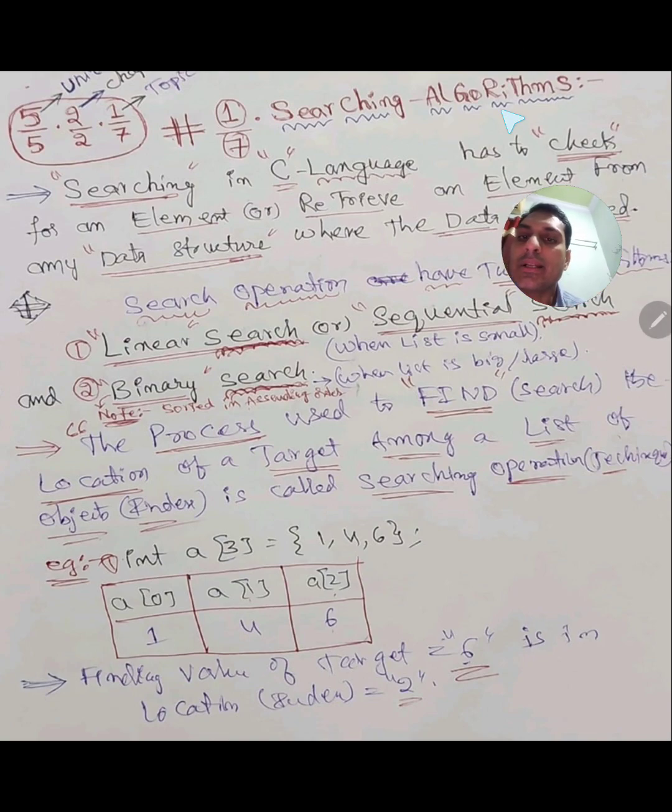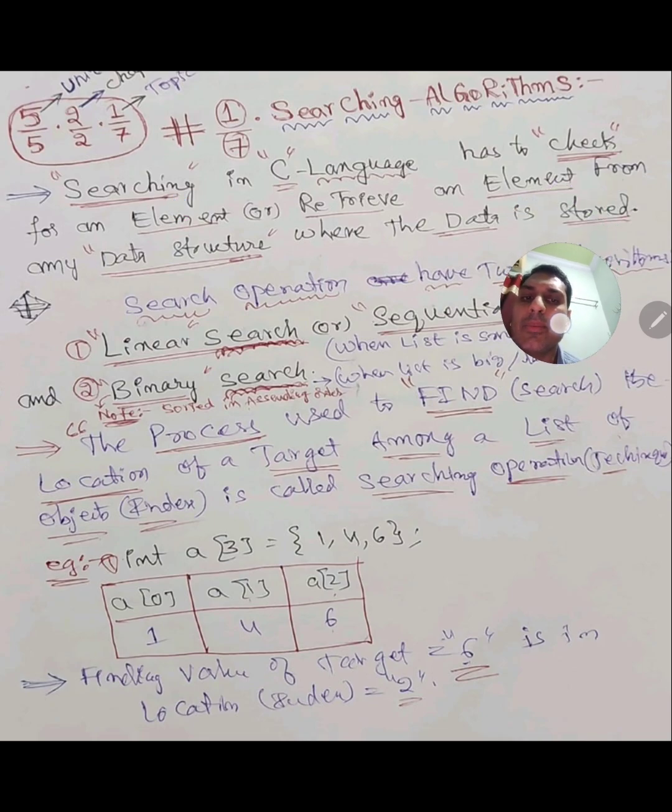See here, searching algorithm. Searching in C language. Searching is nothing but finding an element in an array. In an array, we will find an element and we will do some operation, addition, subtraction, multiplication. Then we will design some software. When you enter into a software company, this is one technique, searching algorithm, searching program.